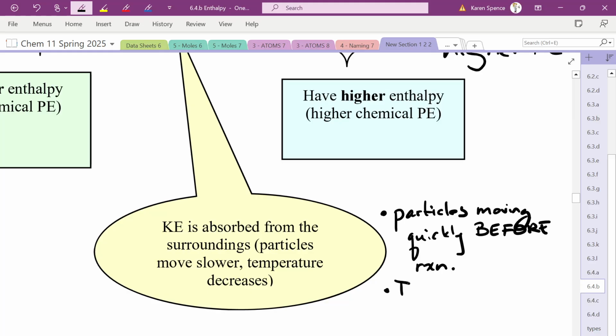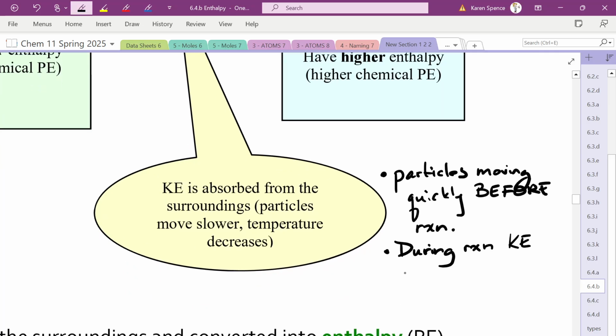And then during the reaction, kinetic energy is transformed into potential energy. And then after the reaction, that's where that extra energy came from. After the reaction, the particles will be moving slower because they lost kinetic energy.